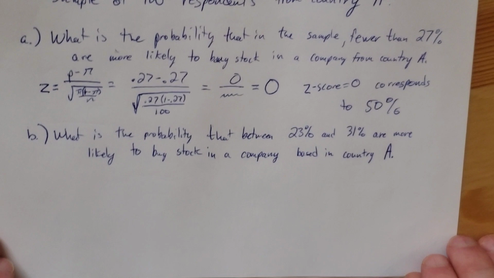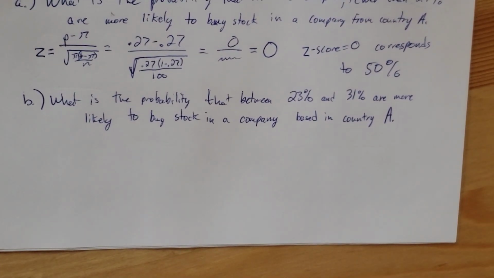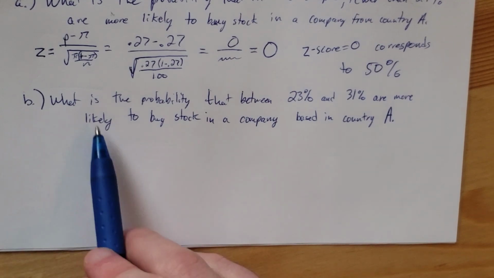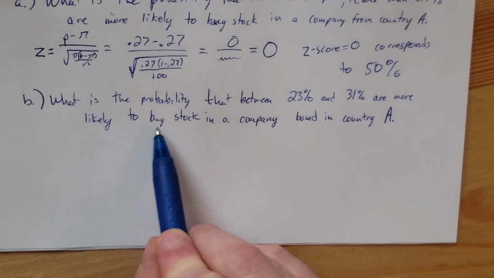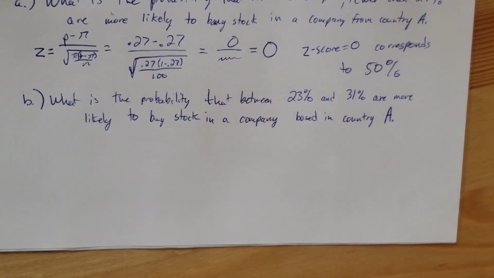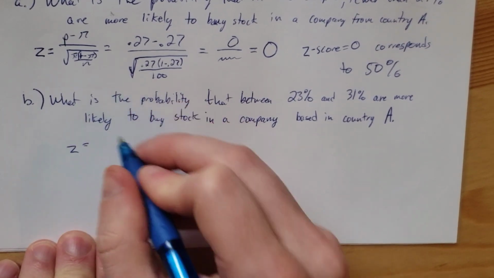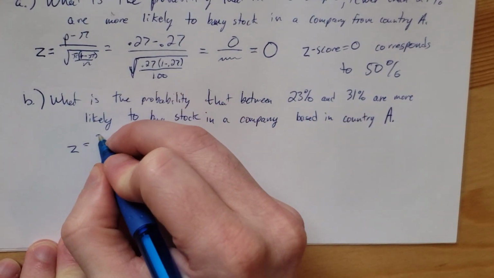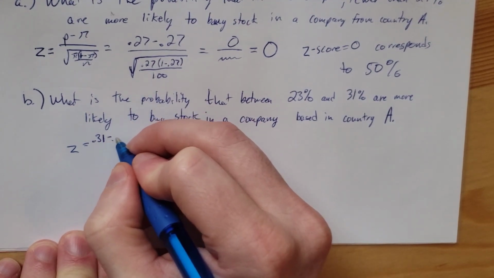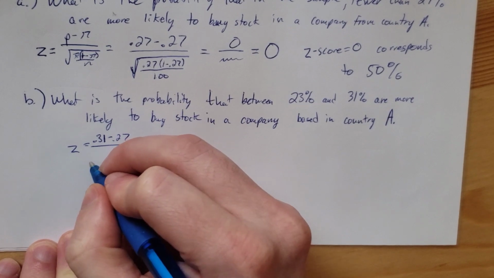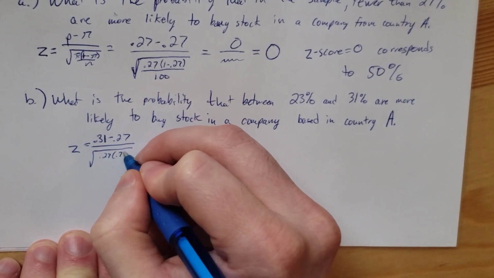Okay, we have one more question here. We'll finish out this video with that question. What is the probability that between 23% and 31% are more likely to buy stock in the company based in country A? Well, we need to find the z-score for the 31%. So this is 0.31 minus 0.27 all over the square root of 0.27 times 0.73, right?